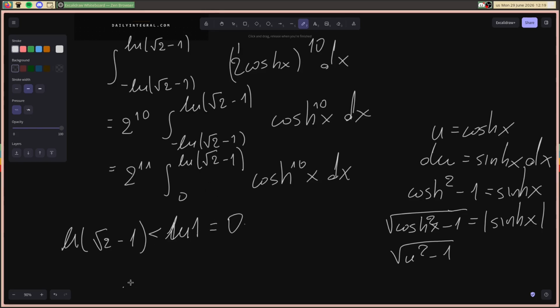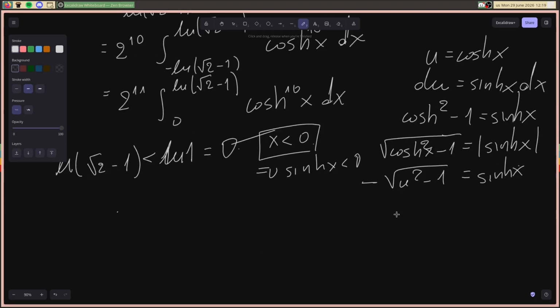So x is always negative here, meaning that the hyperbolic sine of x is also always negative, meaning that this is actually minus that and not plus that. Okay, so finally dx is equal to du over a negative square root of u squared minus 1.